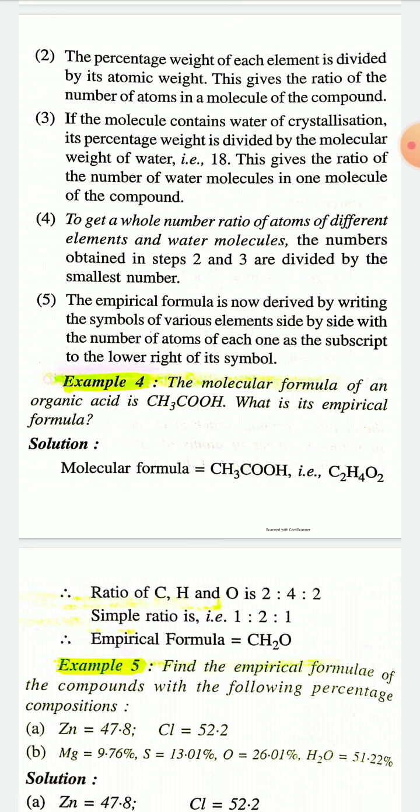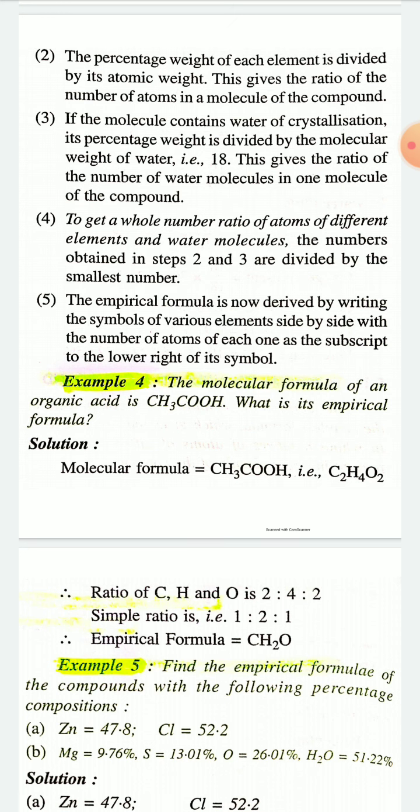See example 4. In this example, the question is: the molecular formula of an organic acid is CH3COOH. What is the empirical formula? The molecular formula of the compound, CH3COOH, we can also write as C2H4O2.